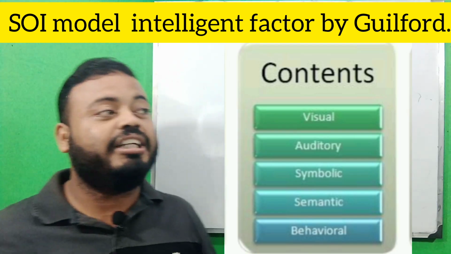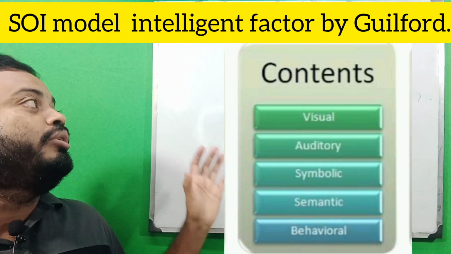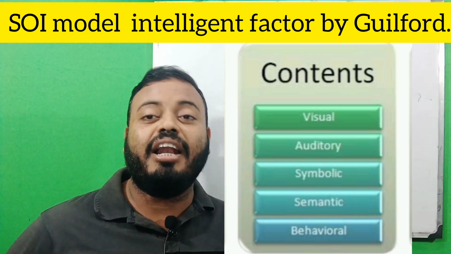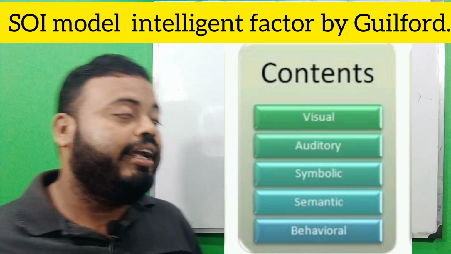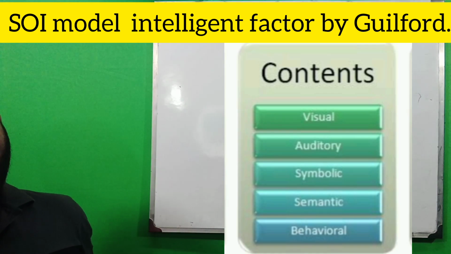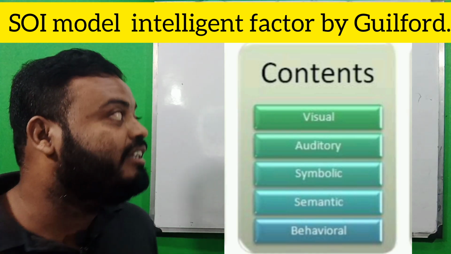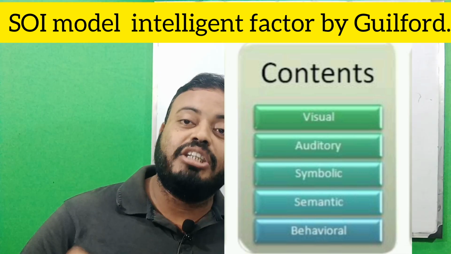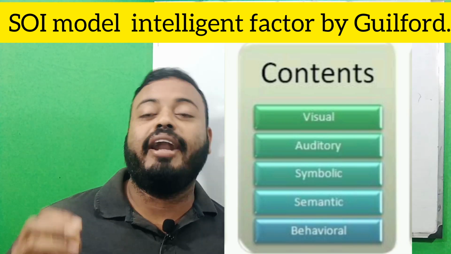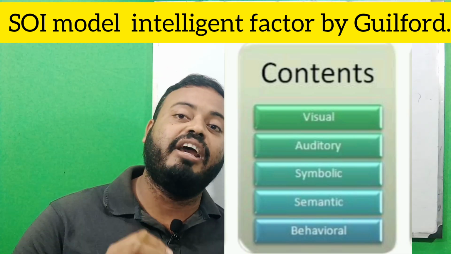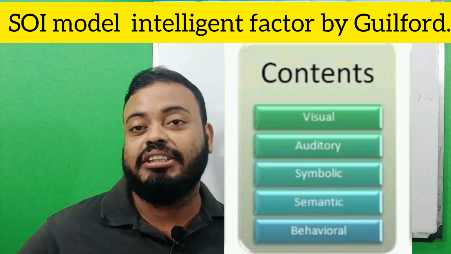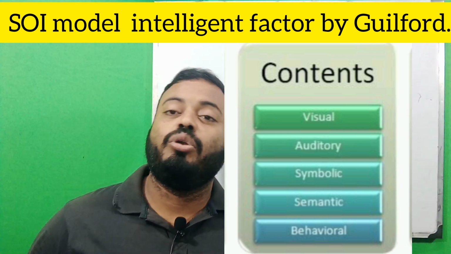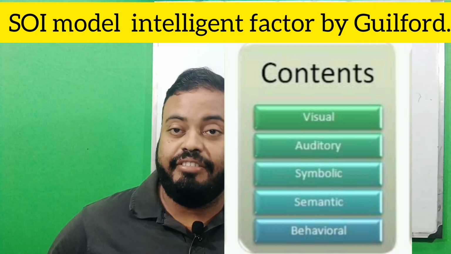These symbolic systems also represent some sign or pictorial representation. Lastly, the content variable is behavioral. Here the person will be able to know and measure the behavior of other people, and he will get evaluations to measure his behavior.